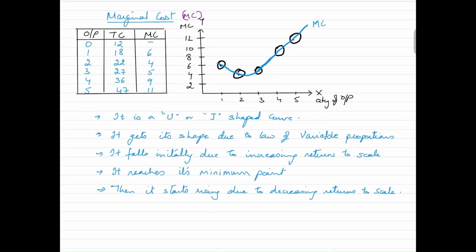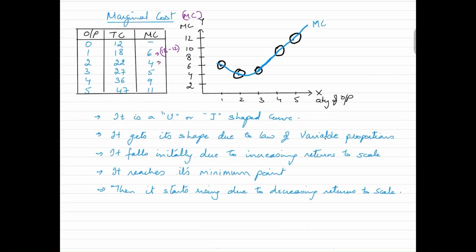So how did we arrive at this marginal cost? It's basically the difference between the total cost of two individual outputs. Marginal cost at unit 1 is simply the total cost of unit 1 minus the total cost of unit 0.